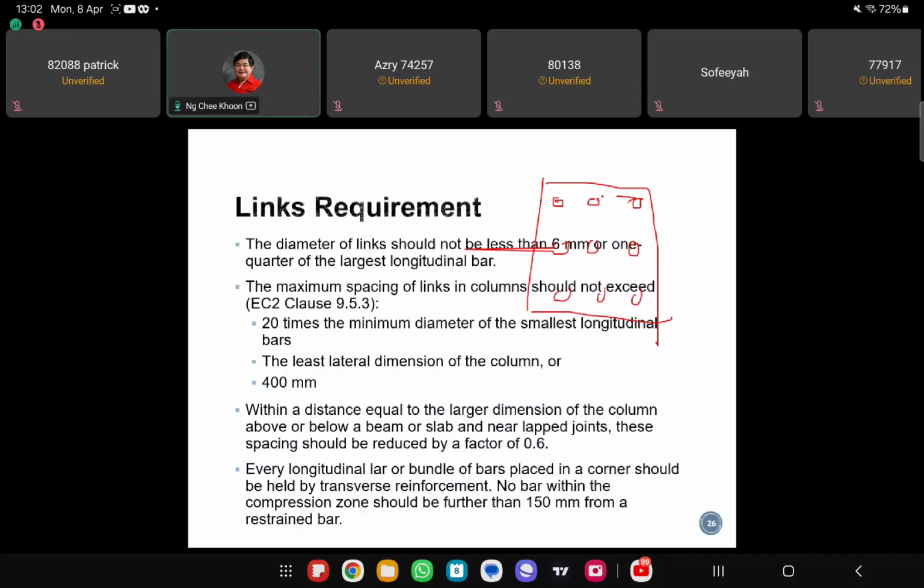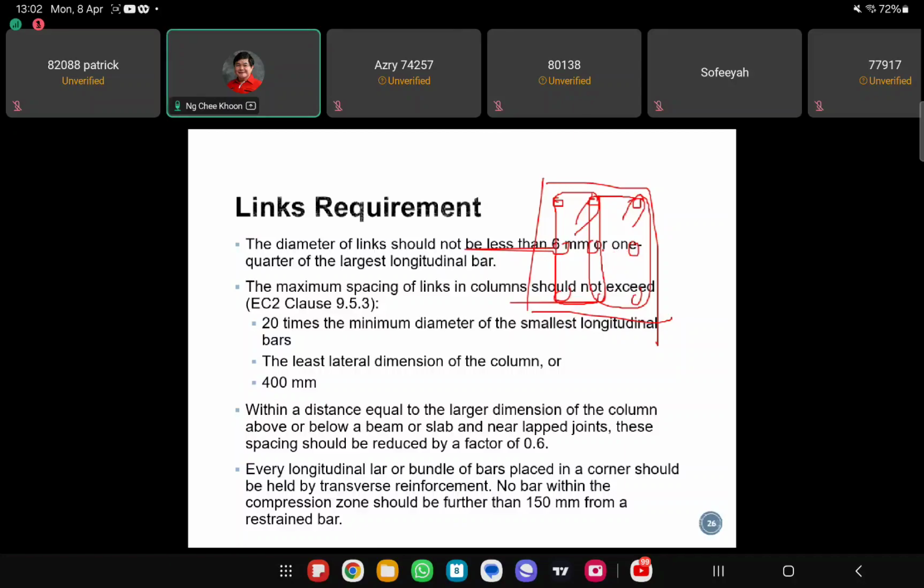So probably you provide a link like this, and then another link like this, so that all the bars are restrained by the links, right?